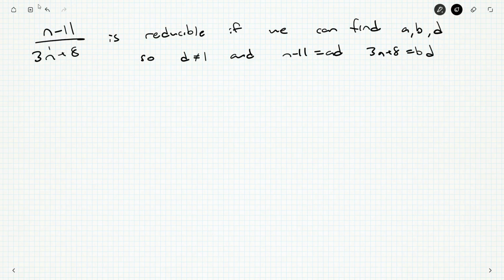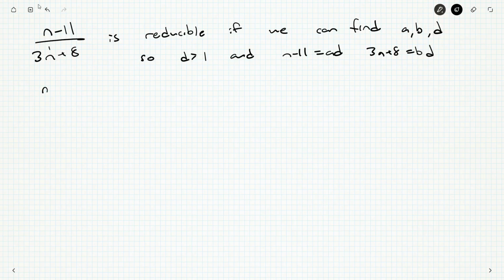But the key is d not being equal to 1. In fact, we'll specifically say d greater than 1, because by making a or b negative, we can avoid d being negative. So this is what we need to have happen.